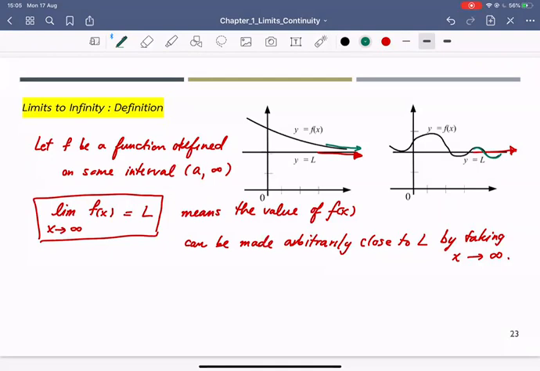So when x goes to infinity, we want to know the pattern of f(x), that is the limit of f(x) when x goes to infinity. Note that the line y equals L that you see in the picture is called a horizontal asymptote.